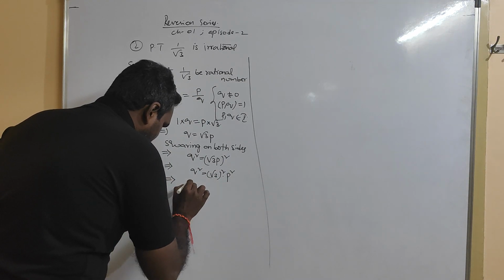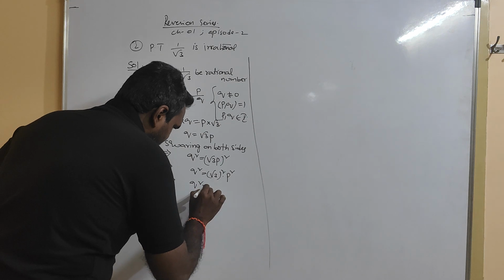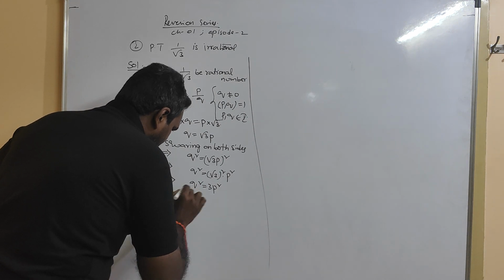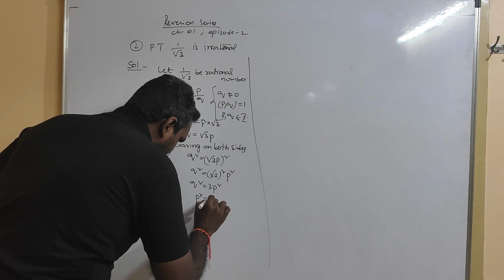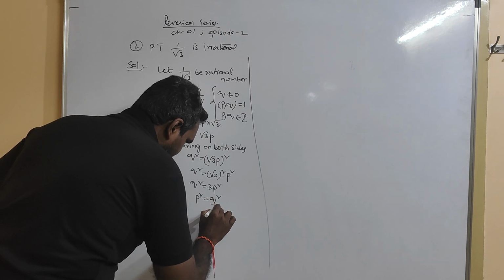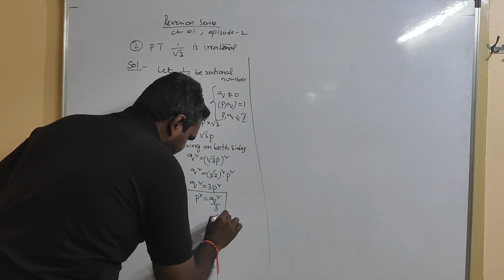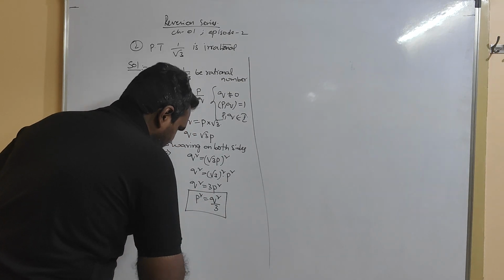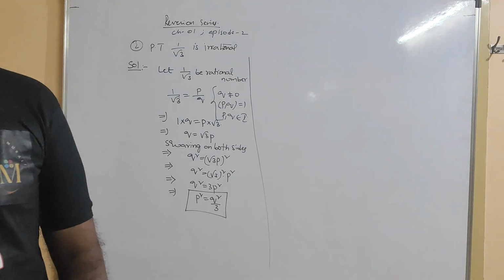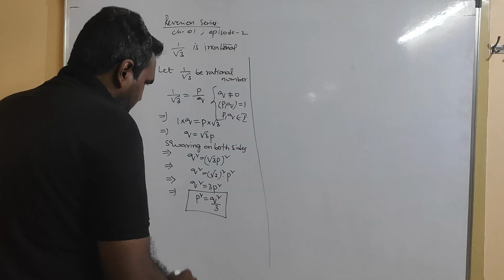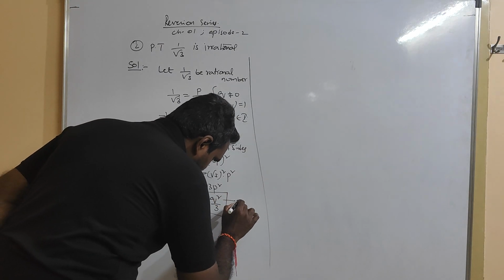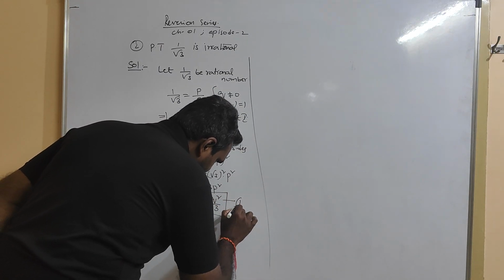This implies q square is equal to 3p square. This implies p square is equal to q square by 3. For comfort, you make this equation 1.